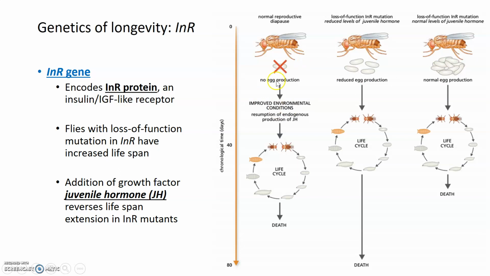Because you can see that both no and reduced egg production will extend lifespan, whereas normal egg production, where a lot of those resources are being devoted to the germline, means they're not being devoted to the soma or the rest of the body, and these flies tend to have a shorter lifespan than the others. And this is something that we've seen in yeast as well as in worms, that there's this trade-off between reproduction and longevity.